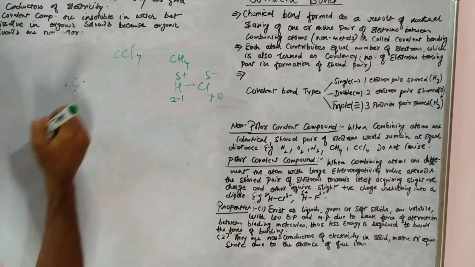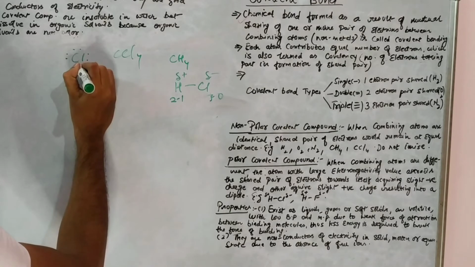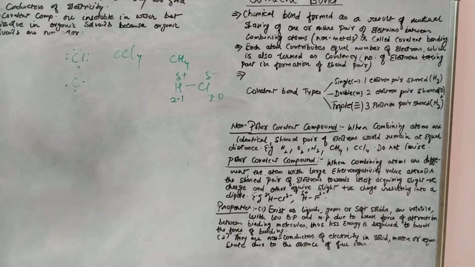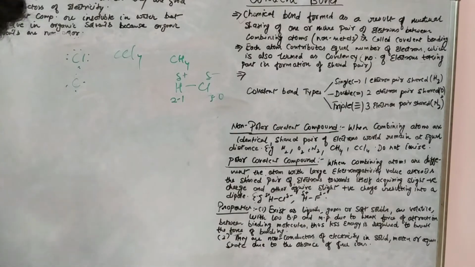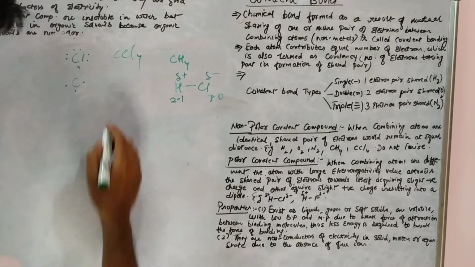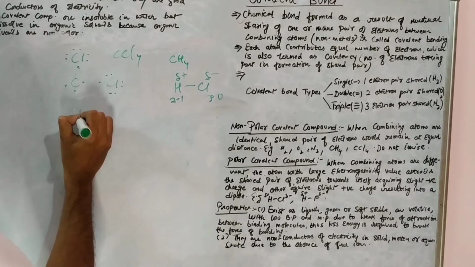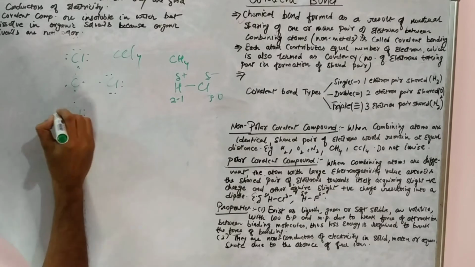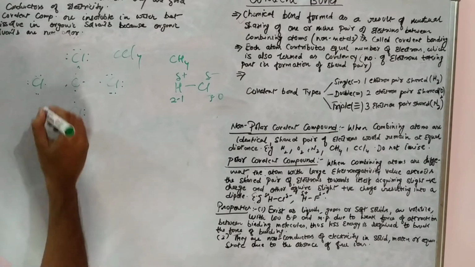We know that carbon has 4 electrons, and chlorine has 7 electrons. So chlorine needs 1 electron, and carbon needs 4 electrons to acquire stability.